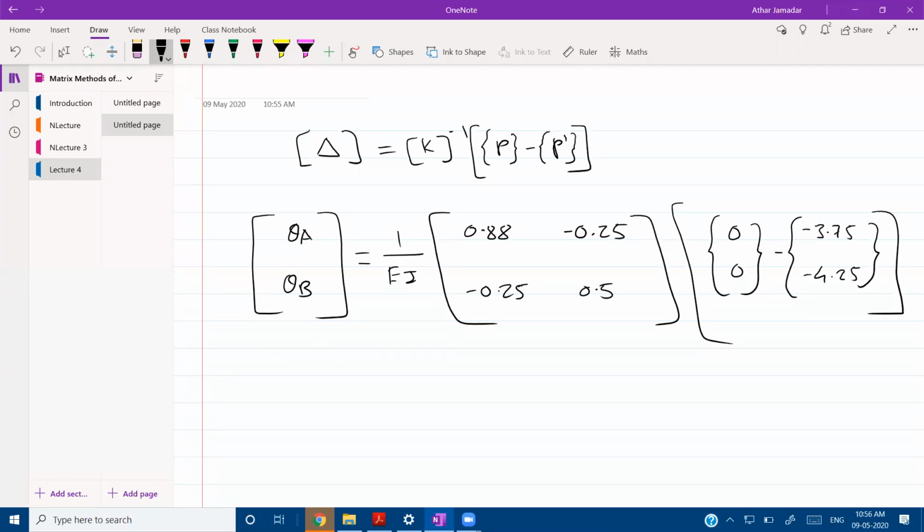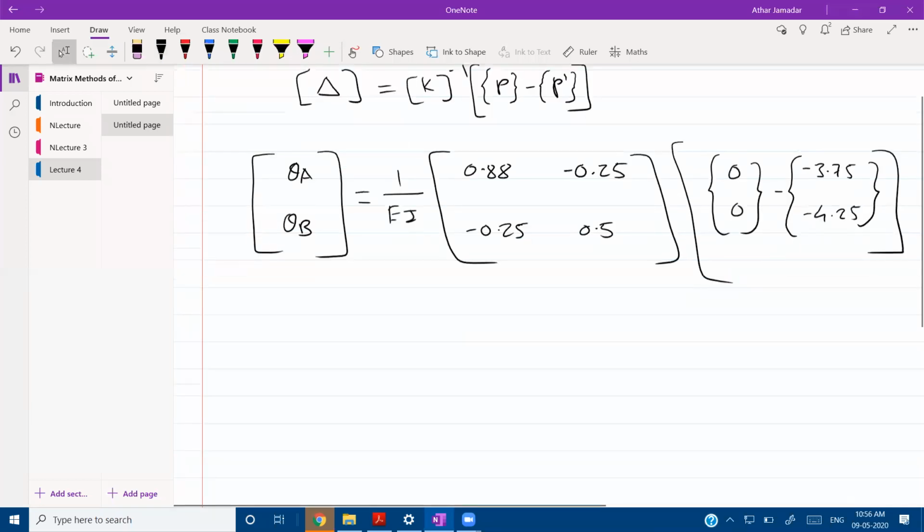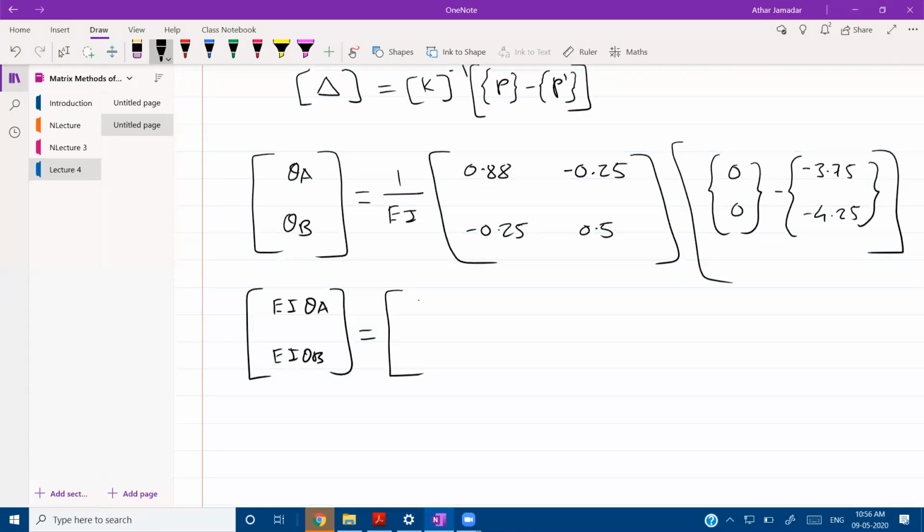Now if you take this EI to the left hand side, this equation is going to be EI theta A and EI theta B is equal to 0.88, minus 0.25, minus 0.25, 0.5.